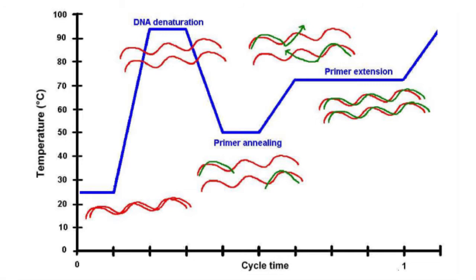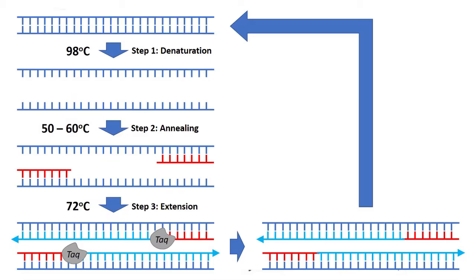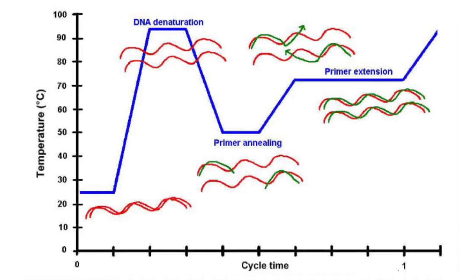Primer annealing. In the second step, the two primers, forward and backward primer, bind to the complementary strand of single-strand DNA by lowering the temperature to approximately 54 degrees C for about 2 minutes. Extension or polymerization.